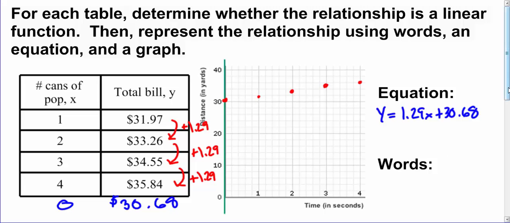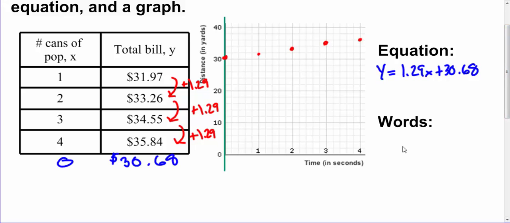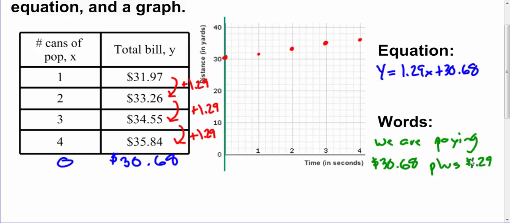All right, so in words, I would just do something to say that we are paying $30.68 plus $1.29 per can of pop.